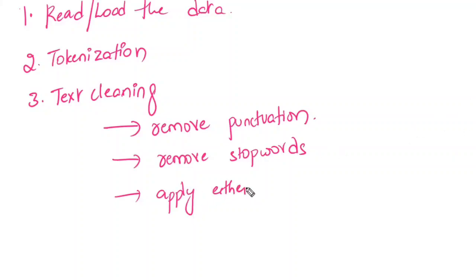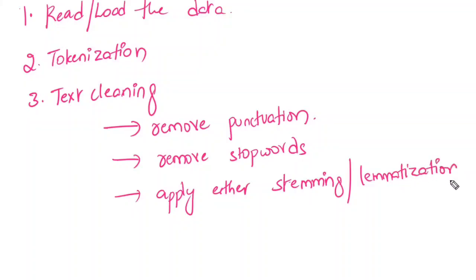Remove the punctuations, remove the stop words, and next apply either stemming or lemmatization. If stemming is applied, lemmatization should not be applied, and if lemmatization is applied, stemming should not be applied. Any one of them you have to do.